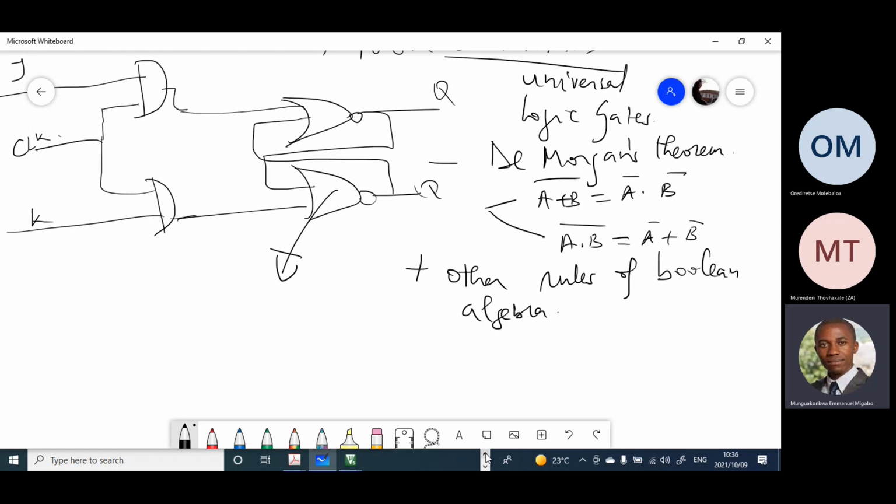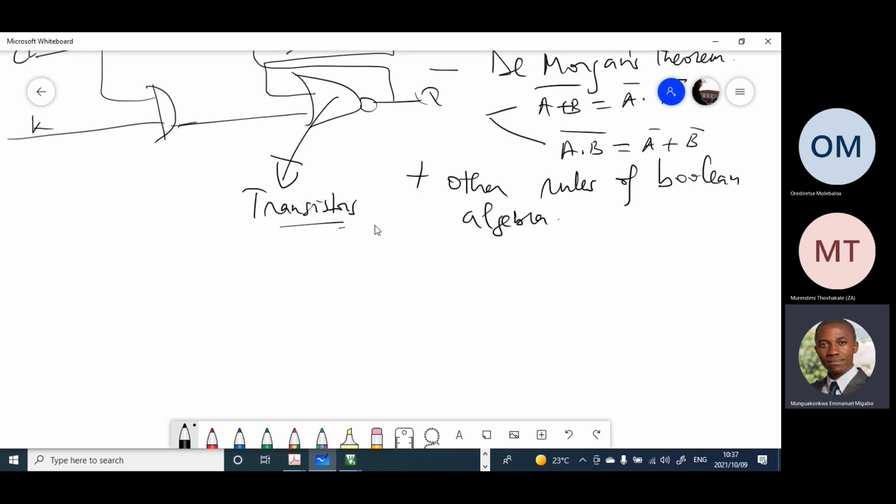You find transistors. Because logic gates themselves are built up out of transistors. Agree? Agreed. Yes, sir.